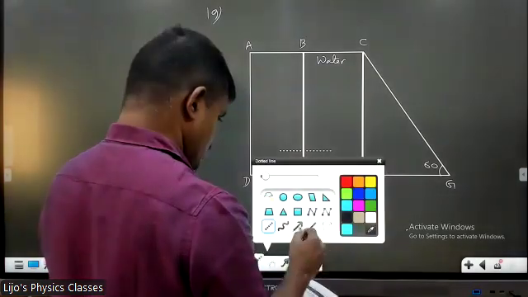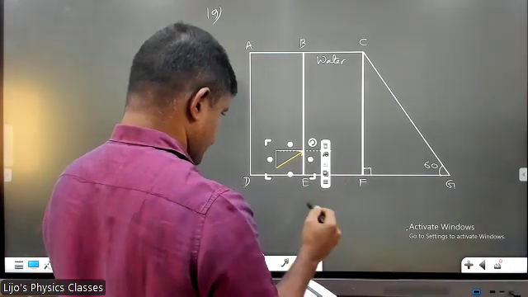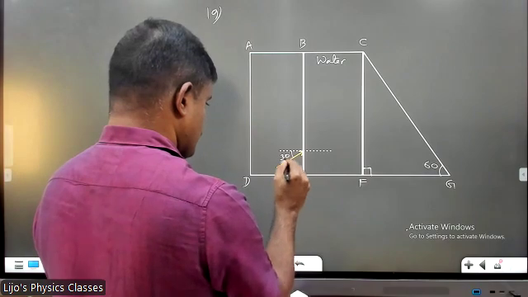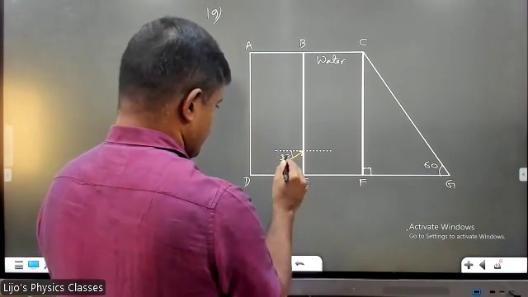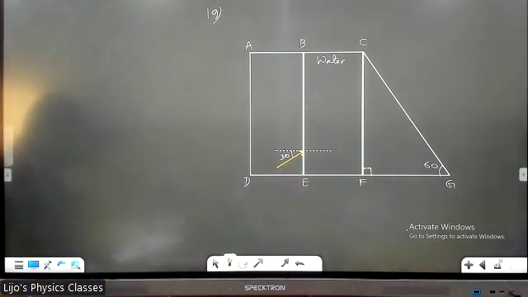Up to this, there is a ray of light going in at an angle of 30 degrees. Draw the figure. I'll just give you the hint for this. The ray is going in at an angle of 30 degrees.